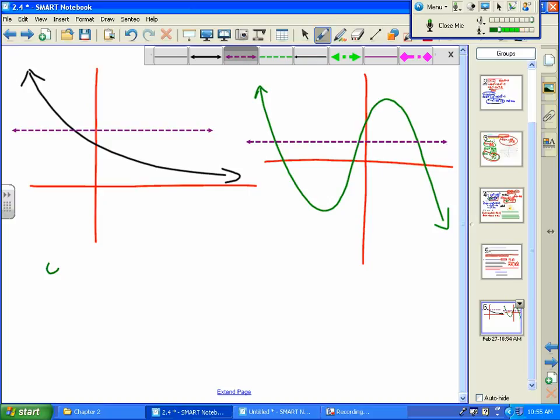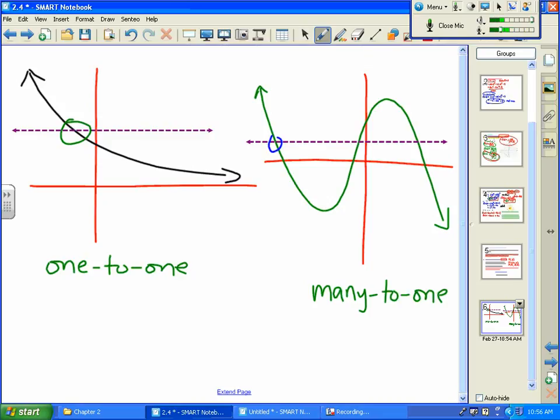Now, the first function here is a one-to-one because it only crosses my function once. This would be termed a many-to-one because we've got a situation where it crosses here, here, here, and if I had continued the increasing parts of the graph, we've got three intersection points there. Here's how I describe the many-to-one.